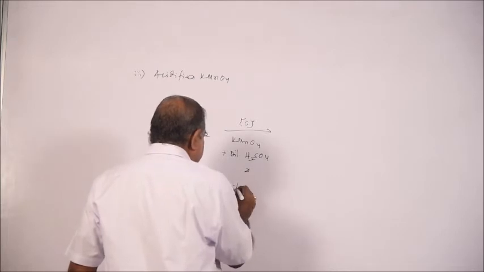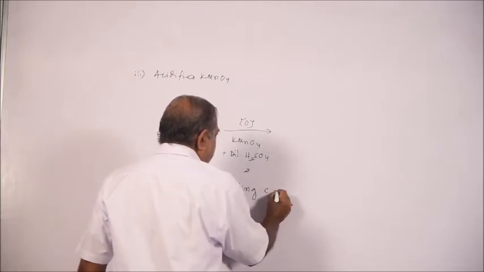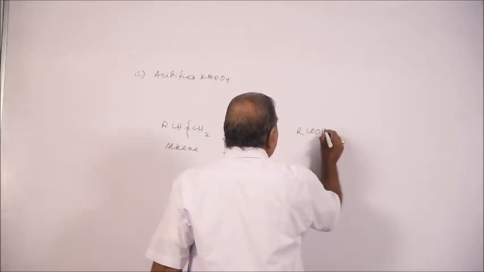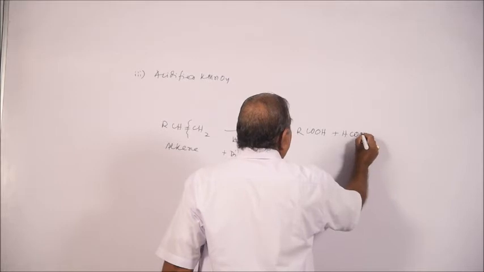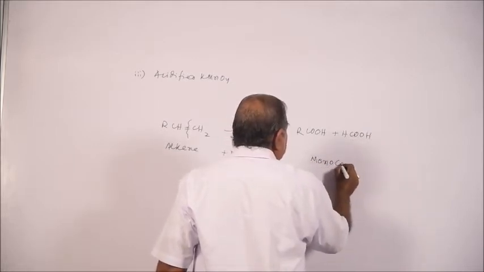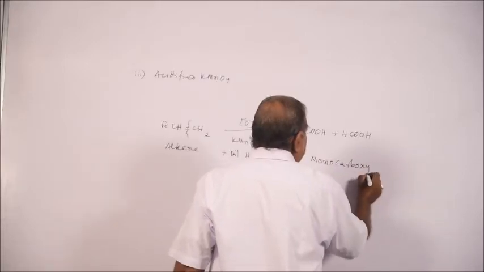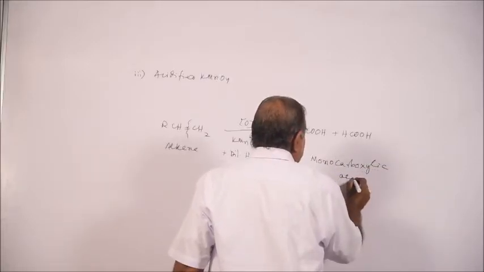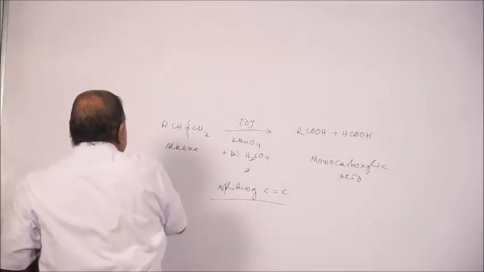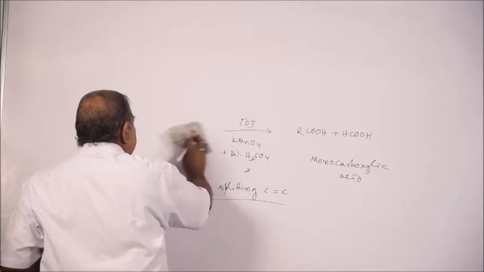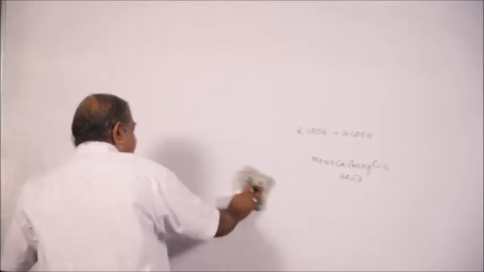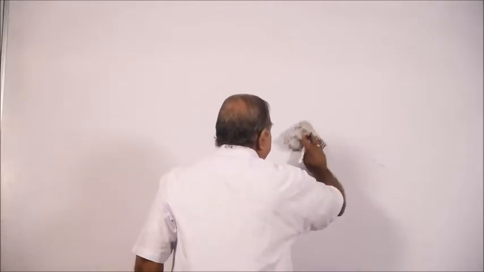I am repeating, by splitting the carbon-carbon double bond, you will get 2 different monocarboxylic acids. So these are the 3 different types of oxidation. One is combustion, second is by using alkaline potassium permanganate, third one by using acidified potassium permanganate.